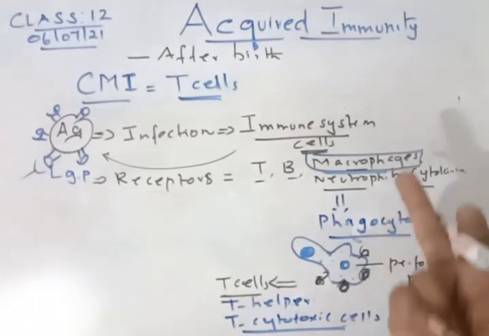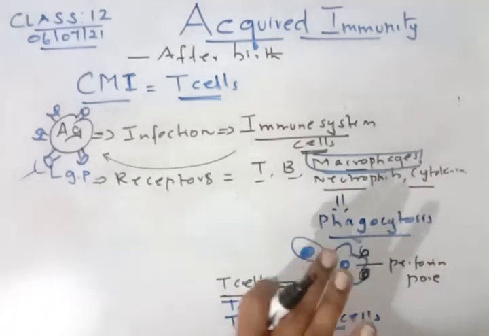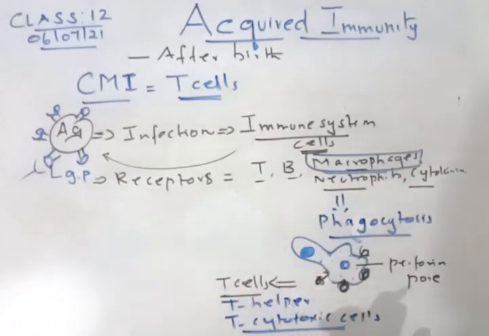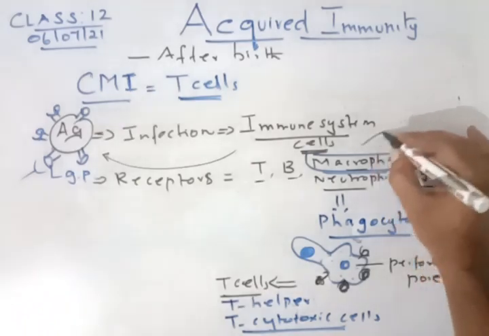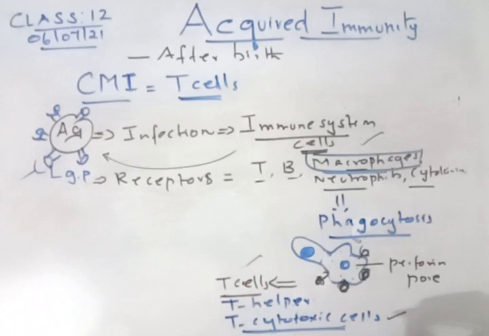So cell mediated immunity works with the help of cells. This infected cell is destroyed. Understood? That is performed by macrophages, then by T cells and cytotoxic T cells, otherwise called NK cells. You remember, cell mediated immunity is performed by three cells: macrophages, T cells and NK cells.